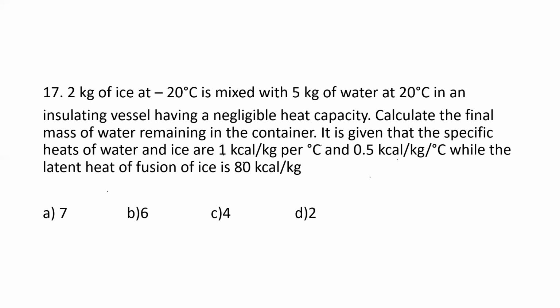We need to calculate the change in mass. Okay, how we can do this here. That is heat for increasing the temperature of ice plus heat for melting of ice.